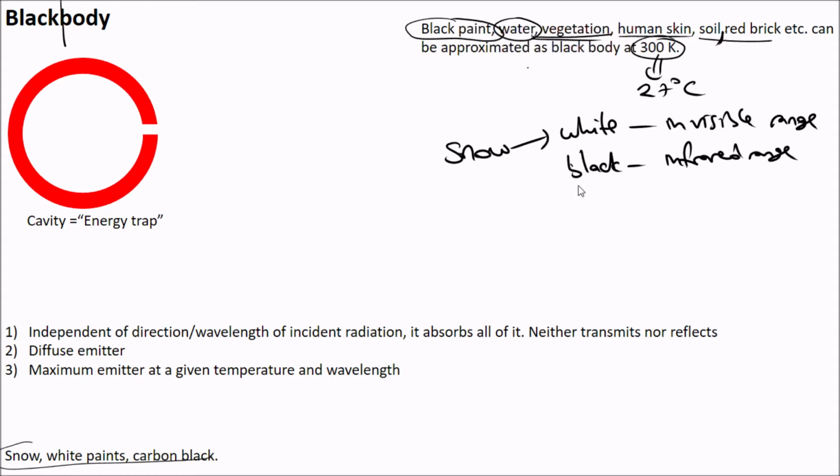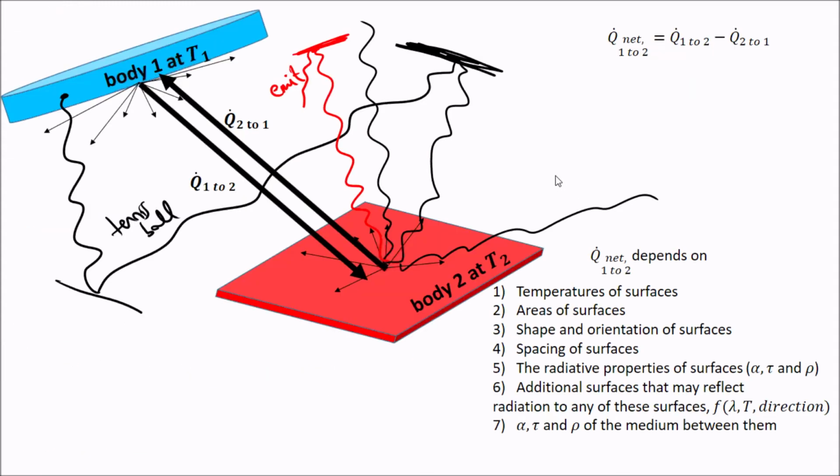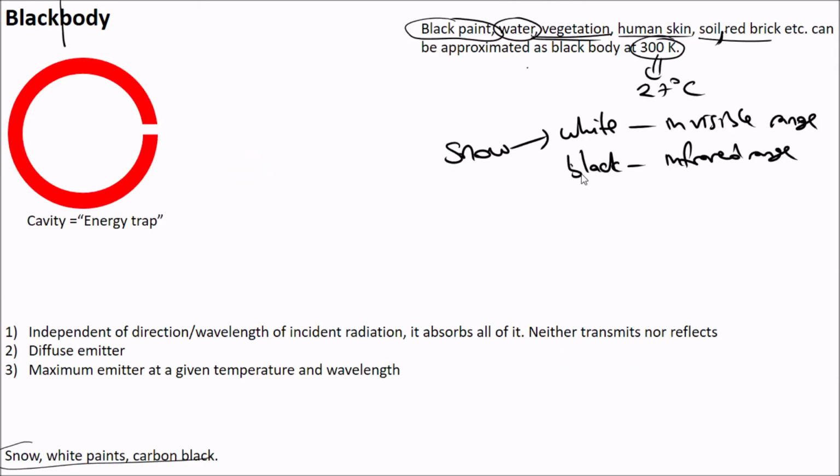As we have said, snakes can see the infrared range. So snakes see the snow as black, but our eyes see the snow as white. That is the very important thing about the black body. The black body is not about the color, but it is about the property of the material.